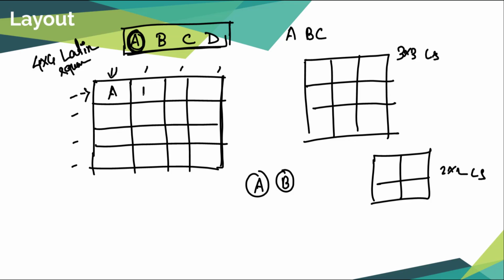So we can give A, B, C, D, then B, C, D, A, then C, D, A, B, then D, A, B, C.